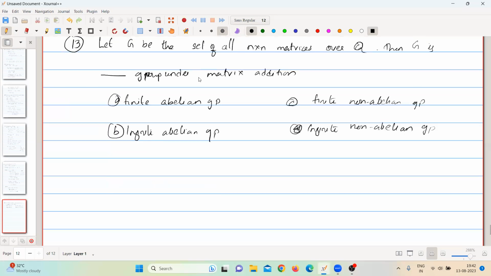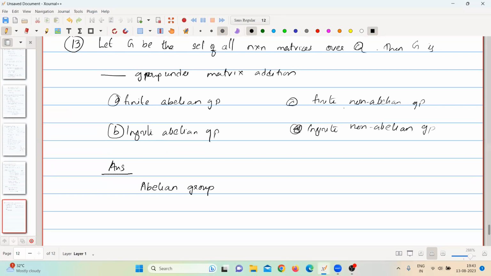So any idea what the answer will be? First let us check. Ma'am, obviously it is an abelian group because matrix addition is commutative. Okay, it is an abelian group. Does anyone have doubt on that? We are taking two n by n matrices and just adding entry-wise, right?